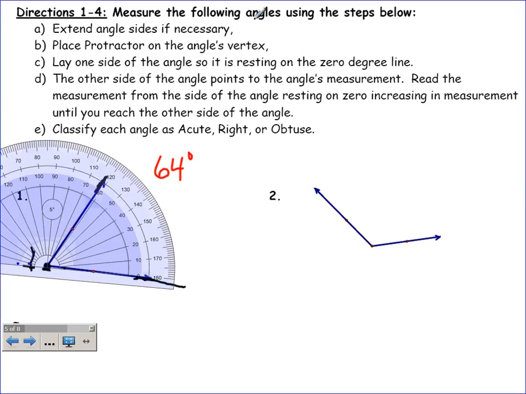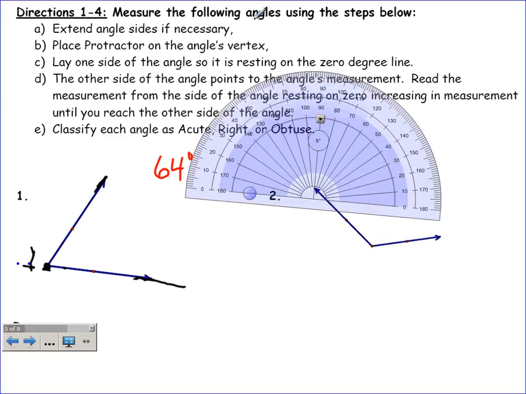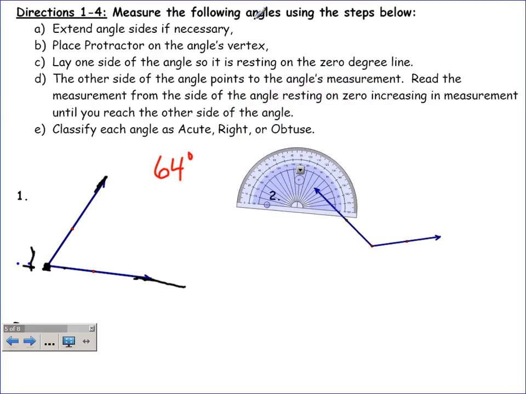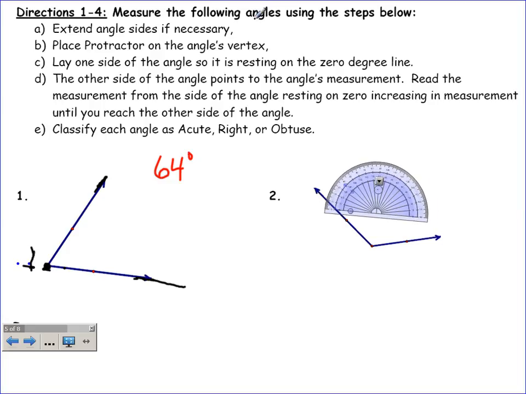Let's do the second one. Extend your lines if you need to. I can actually bridge this up if I can remember how to do it. So you place this guy.